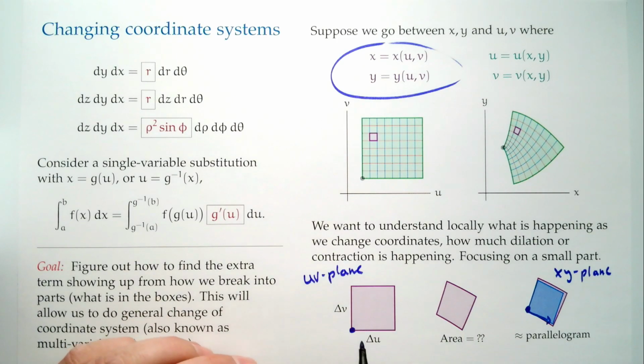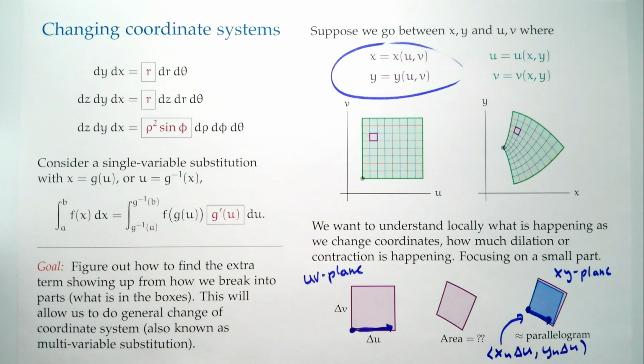So if I think about what happens if I perturb in the u direction, I'm going to perturb one side of the parallelogram. Well, how much? If I want to know how much I changed in the x direction, I'm going to change x sub u delta u, comma, y sub u delta u.